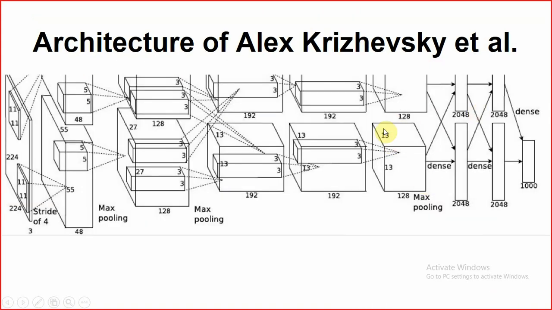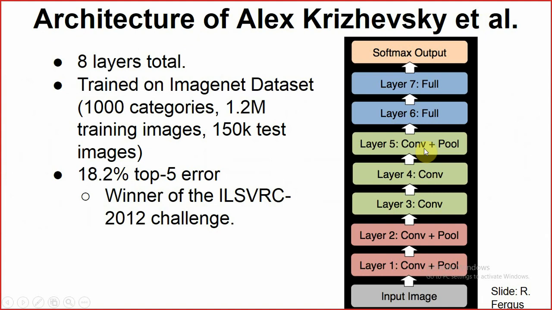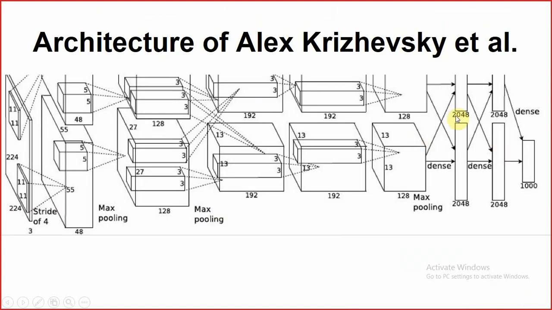So this is the last pooling, and then we give it to the dense layer. Dense layer is a simple multi-layer perceptron neural network. And finally, the output layer, as I told you, should consist of the same number of neurons as we have classes.